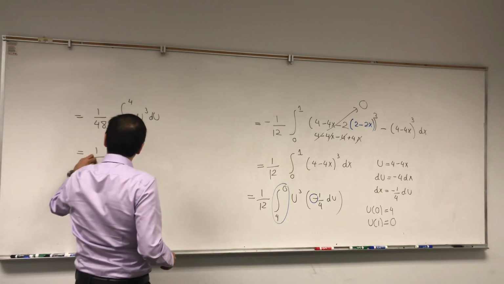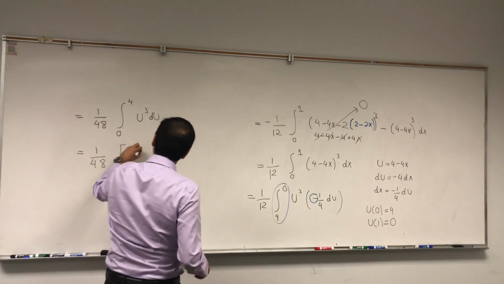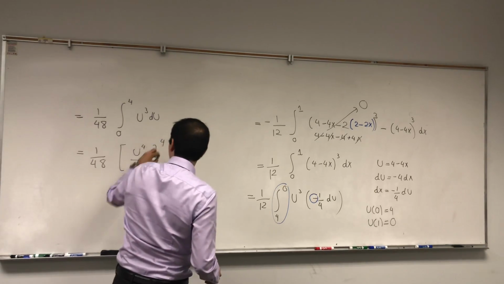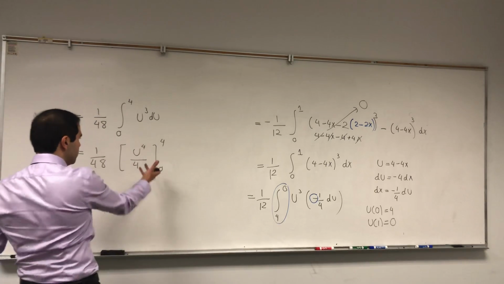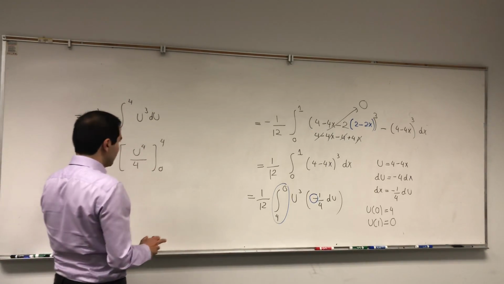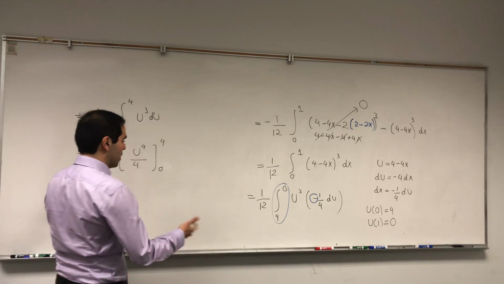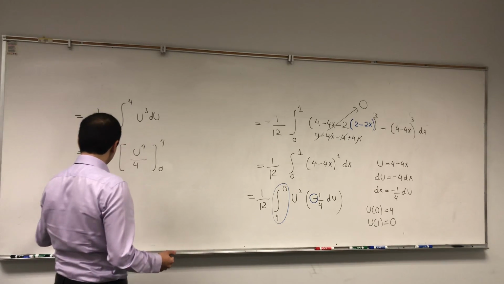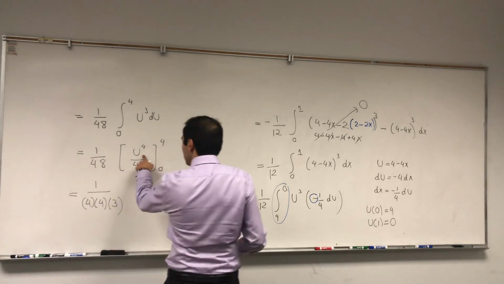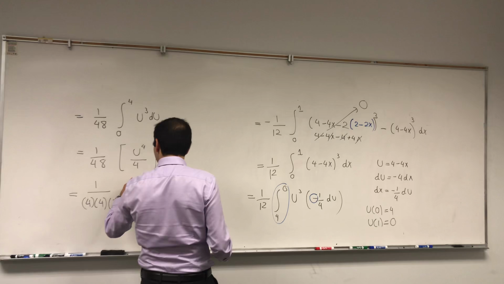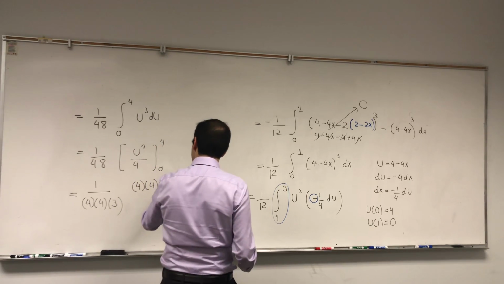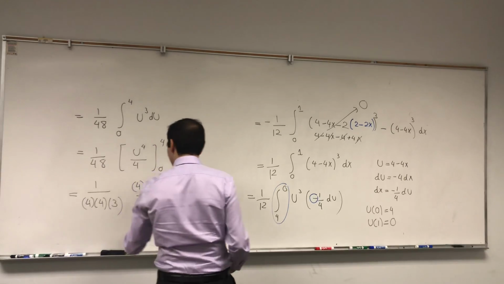And that becomes 1/48 times u to the 4th over 4 from 0 to 4. At 0 it's 0, and then let's write it this way. 48 is actually 4 times 12, so 4 times 4 times 3. And then what do we get? U to the 4th, which is 4 to the 4, so 4 times 4 times 4 times 4 divided by 4.